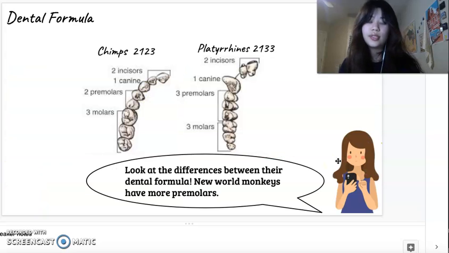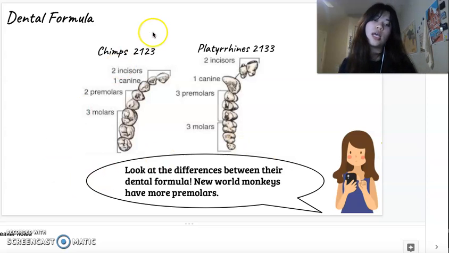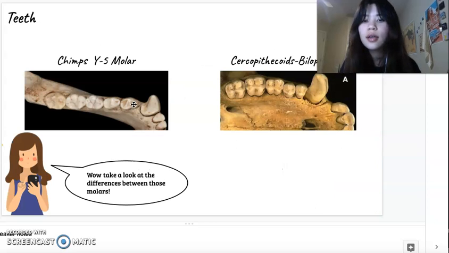Next up, we have the dental formula, and this is a difference between the chimps and the platyrrhines, the New World monkeys. We see that the platyrrhines have one more premolar than the chimp does. Taking a look at teeth again, we're looking at the molars.